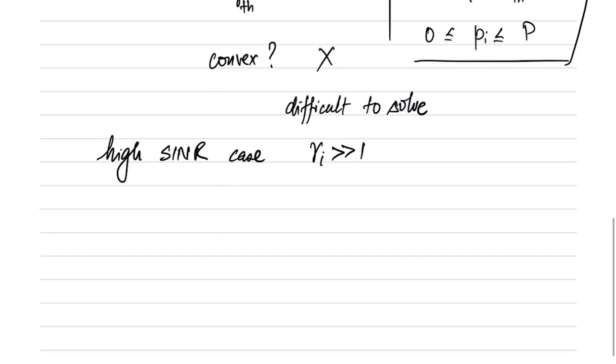assuming that gamma i is much greater than 1, so that log of 1 plus gamma i is approximately log of gamma i.